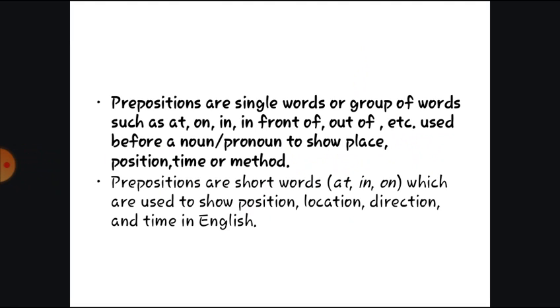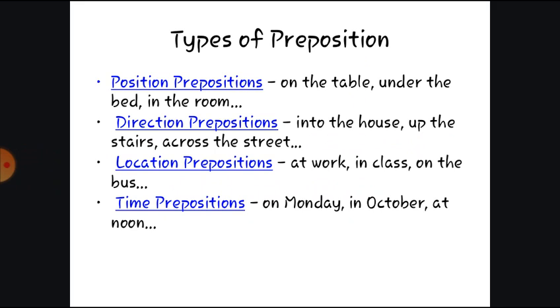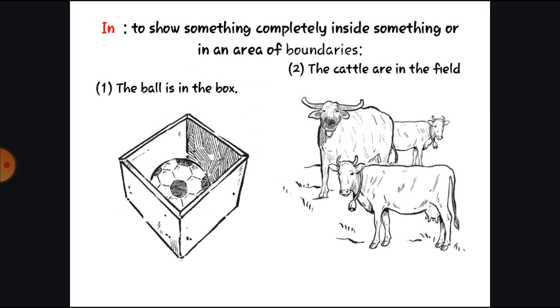So dear students, I hope you have understood it, and as we have talked, there are 4 types of preposition. They are position preposition, direction preposition, location preposition, and time preposition that we have already discussed.